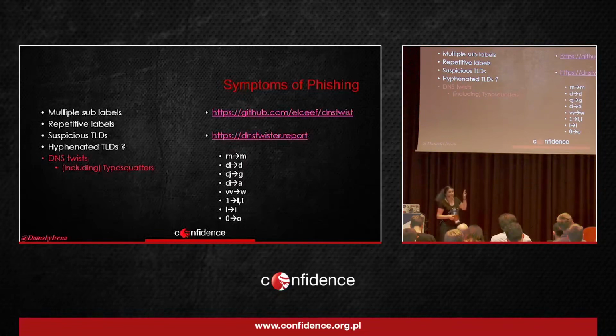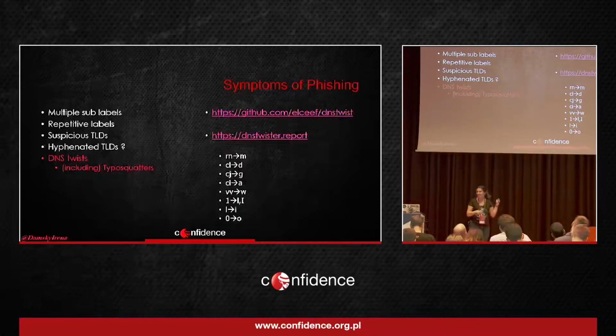The fact that the screen is not very sharp at the moment is actually really good for my example, because it makes the RN look like an M. So suddenly, if you have ever tried to go to a website, RNicrosoft, you actually get to a fake Microsoft website, or you used to at least in the past. CL looks like D, CJ looks like a G, and so on.